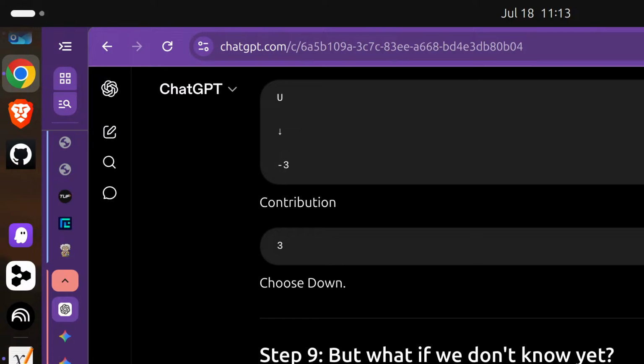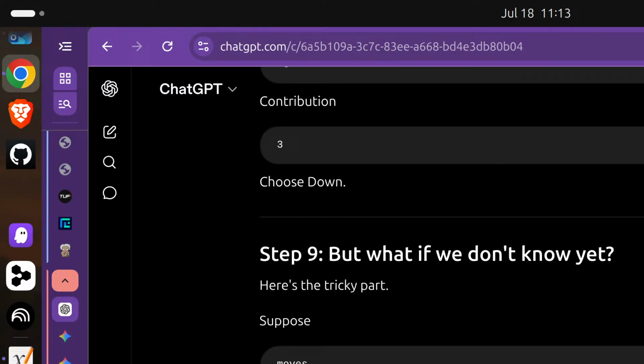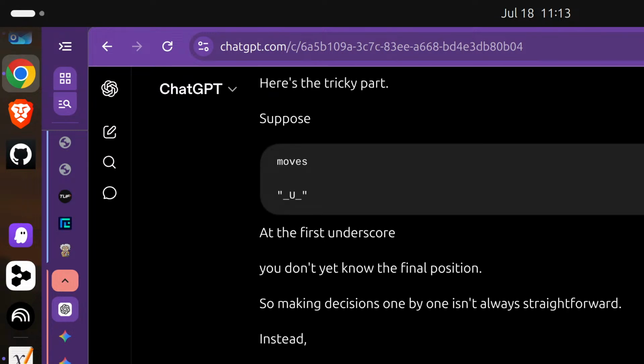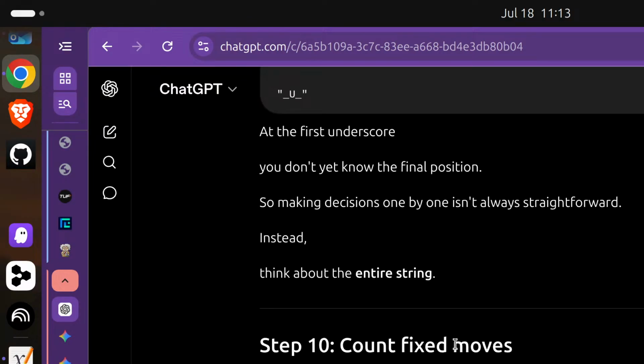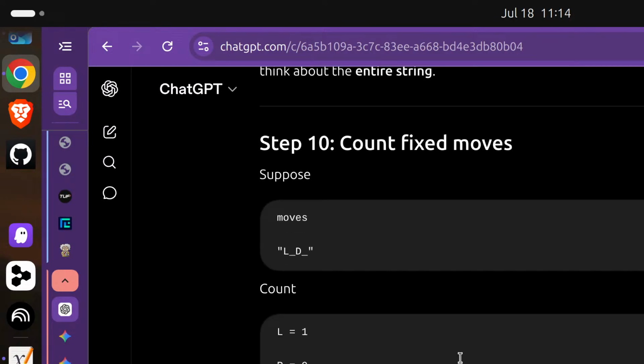So, but what if we don't know yet? Here is the tricky part. Suppose at the first underscore you don't know the final position, so making the decision one by one isn't always straightforward, right? Instead you think about the entire string. Count fixed moves. Suppose L is this count, left is equal to 1, right is equal to 0, D is 1 and 2 underscores.